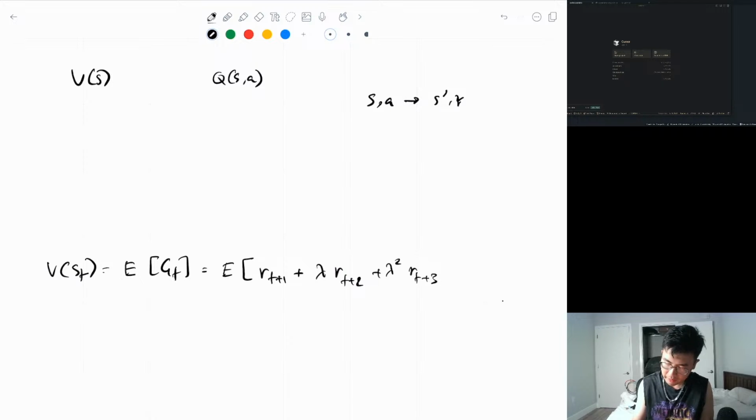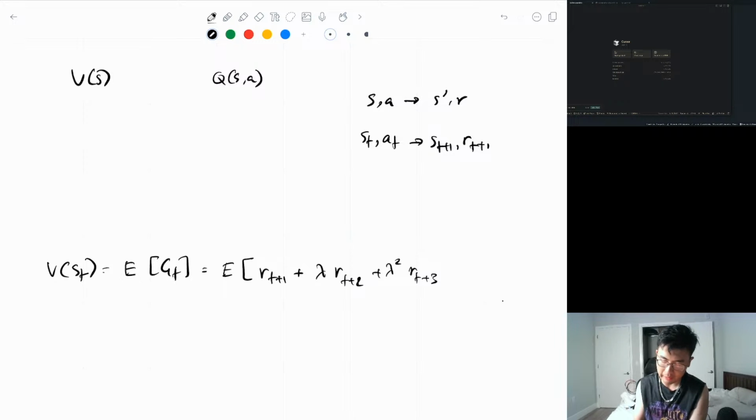If we were to expand this out, in a multi-step setting I don't want to just write s prime, so I'm just going to use s_t. Let's say we're in state t, and we pick some action a_t at time step t. We end up in a new state s_{t+1} and get reward r_{t+1}.